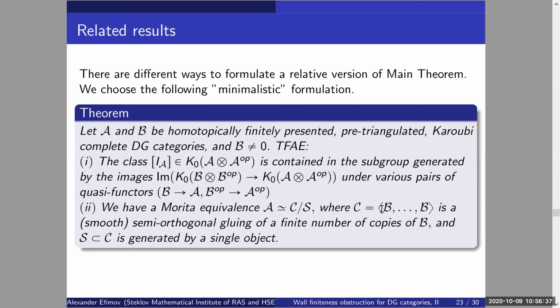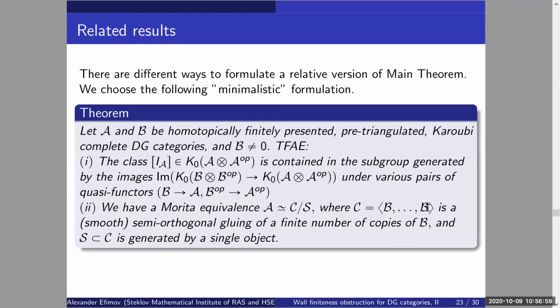And condition two is that A is Morita equivalent to a quotient of C mod S, where C is simply the semi-orthogonal gluing of several copies of B. But of course, we require that it is a smooth gluing. As Dima Orlov mentioned two days ago, there is a condition which guarantees that the gluing of smooth categories is still smooth, just perfectness of the bimodule.